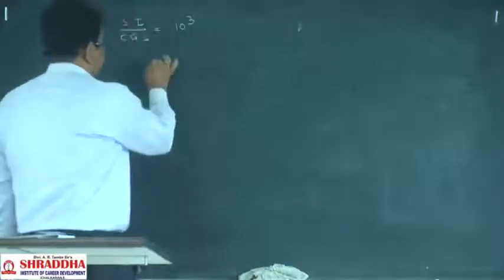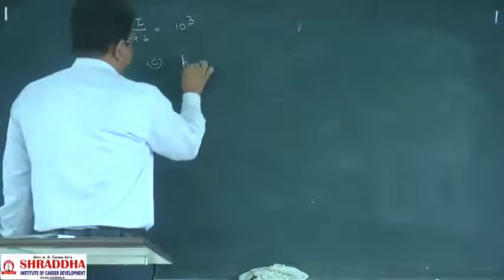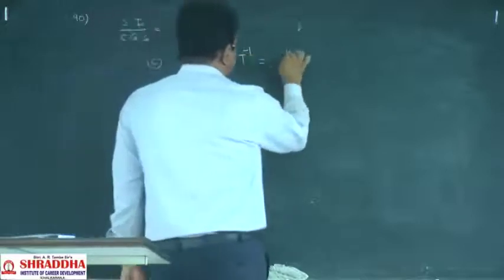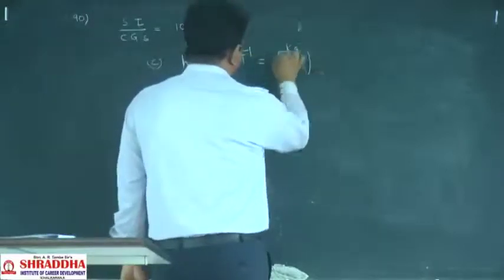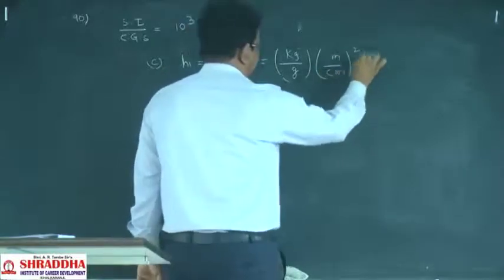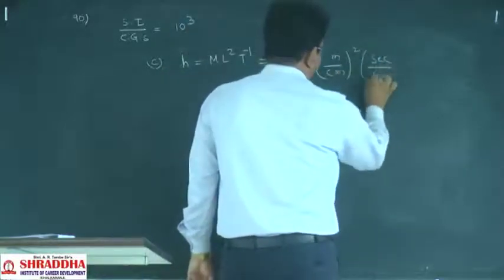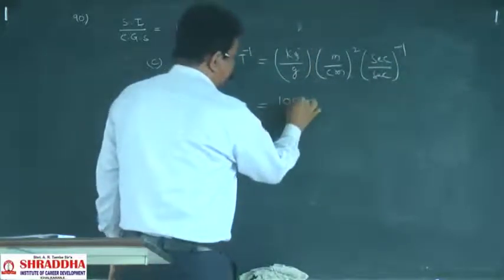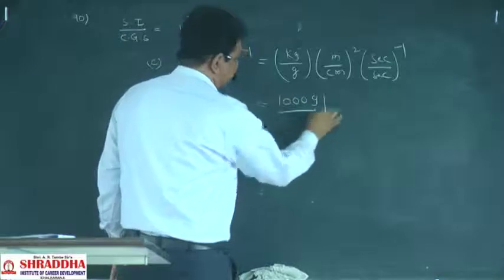So C, what we will get is Planck's constant ml square t power minus 1, kg by gram, meter by centimeter whole square, second by second power minus 1. So this is 1000 gram by gram.